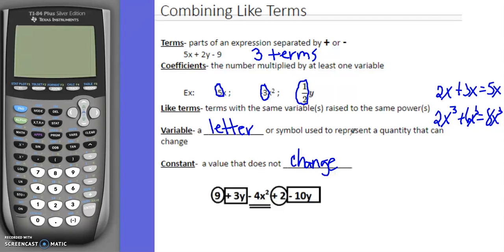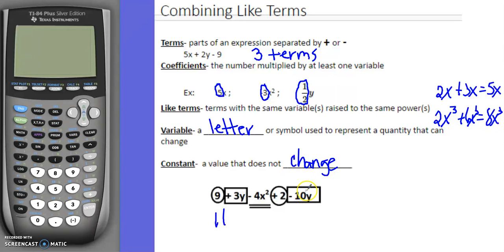So, for example, let's combine some like terms. We can combine 9 plus 2 to get 11. We can combine a 3y and a negative 10y. They are the same variable, but this is a positive 3 and a negative 10.